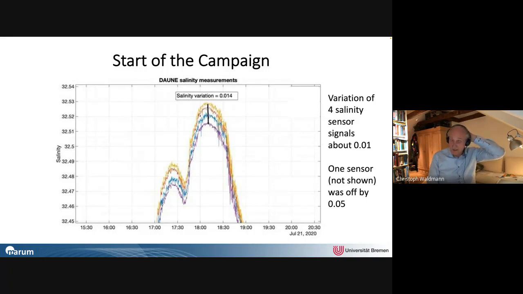Okay, so we took measurements over this time frame of 3 to 4 months, and actually we were quite impressed when we saw the first data coming in, and these are salinity data. And I must say I was quite happy to see that the spread between these 4 CTDs shown here is just 0.014.